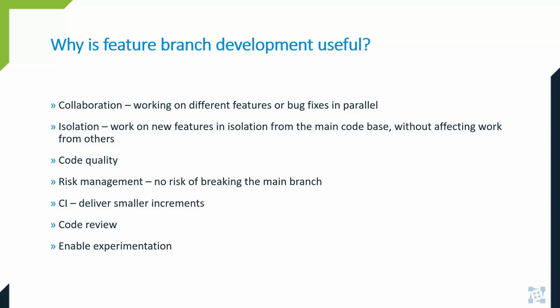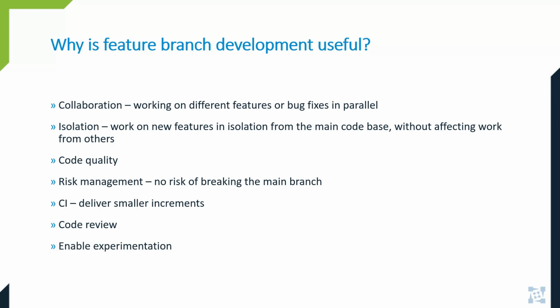So why is working with feature branches useful? There are a couple of reasons, probably more, but these are probably the most important ones. First of all, like I mentioned, collaboration. It is easier to work on different features in parallel. You can have people still working on the master branch, for example for bug fixes.